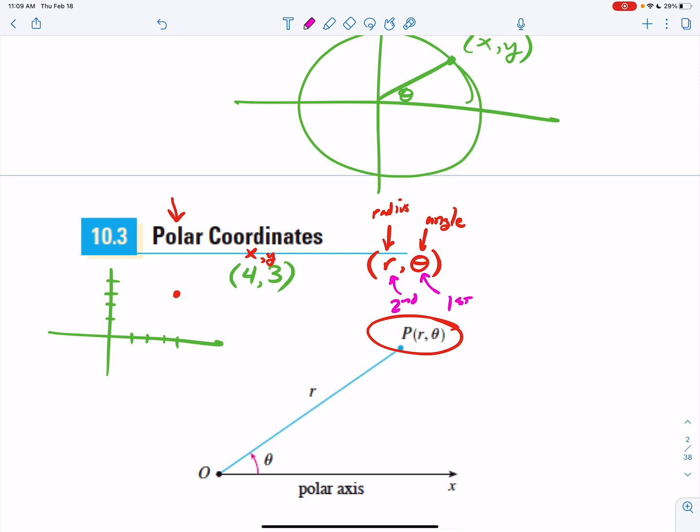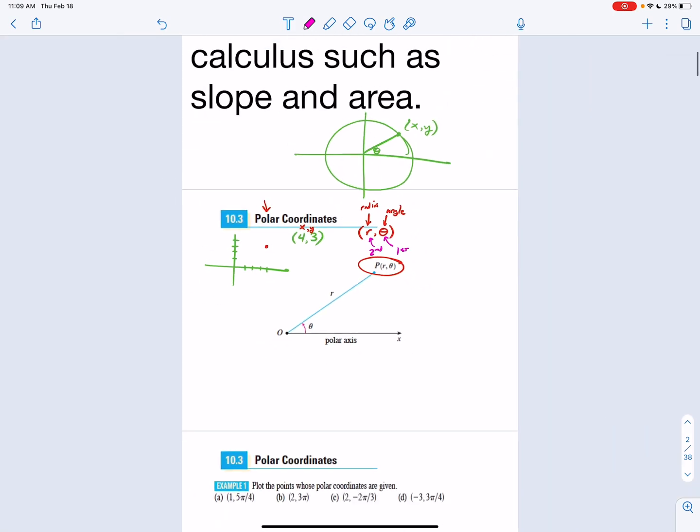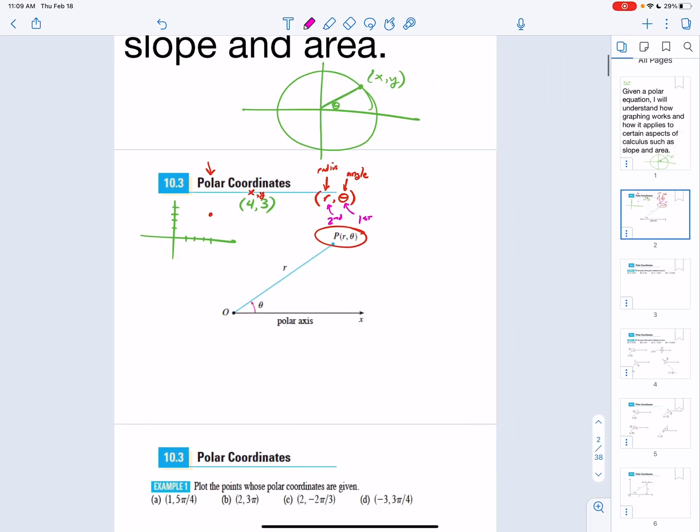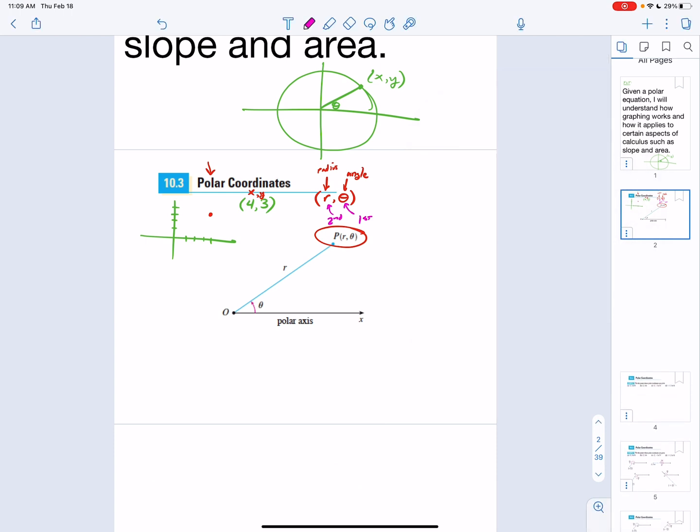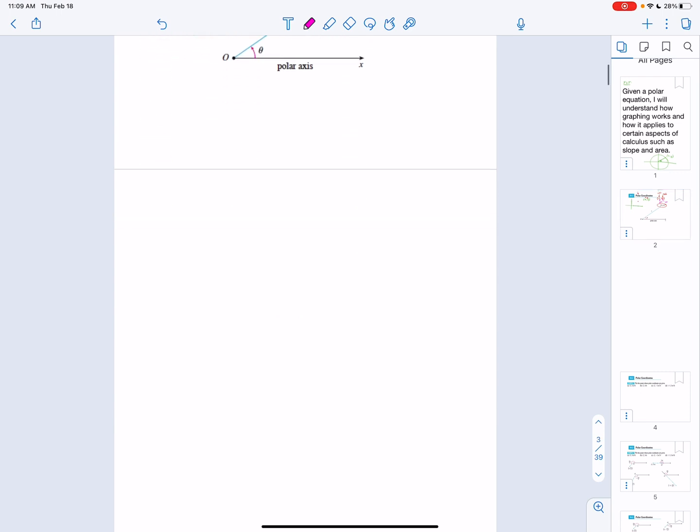So it's kind of written backwards there, okay? But you think about the angle and then you graph your radius, all right? So before we can get to that, I need to make sure that we refresh on our unit circle, okay?